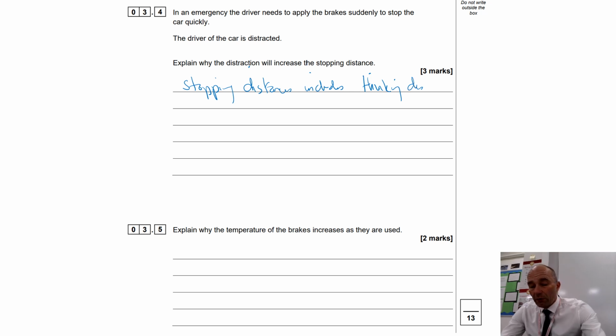So that's your first point. Now, because the person's distracted, there's additional time while the person applies the brakes.